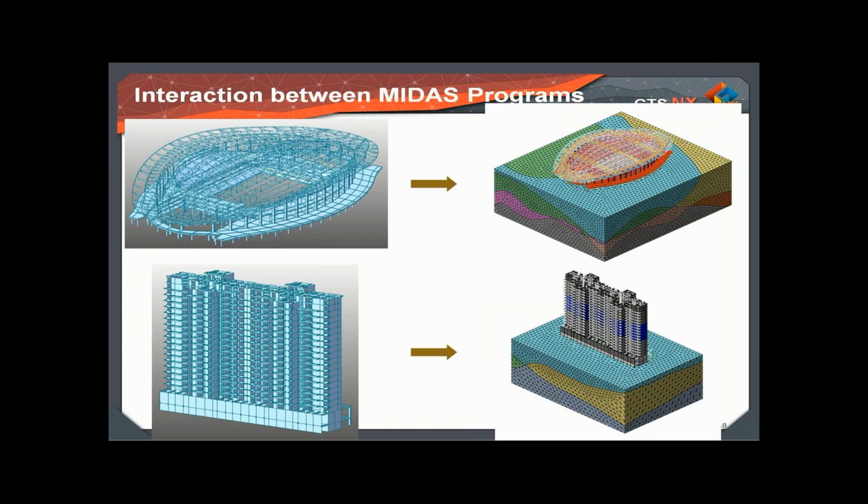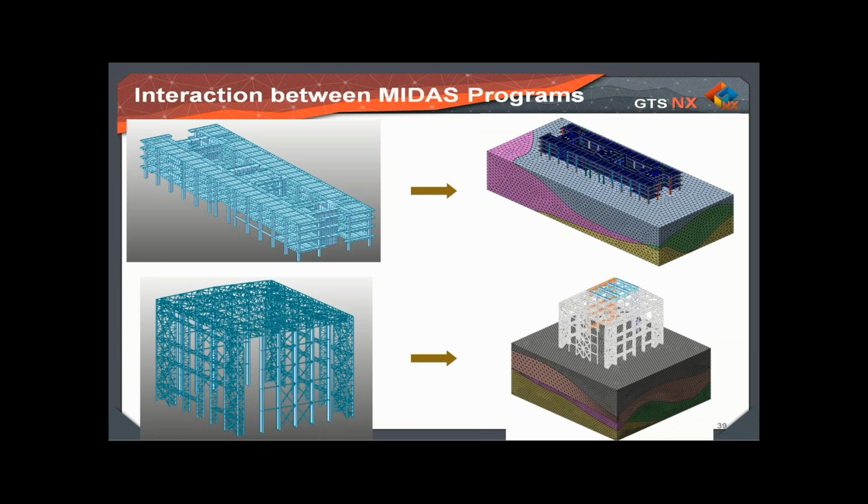This is some real project application between MIDAS programs. On the left-hand side, you can see the building, a structural model, and you can import it into GTS NX. Then you can proceed with your ground modeling finally in GTS NX. And similar structures.